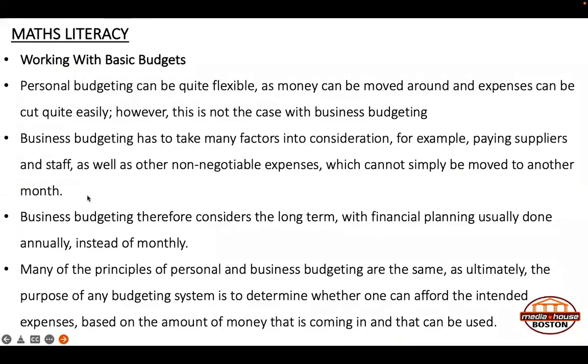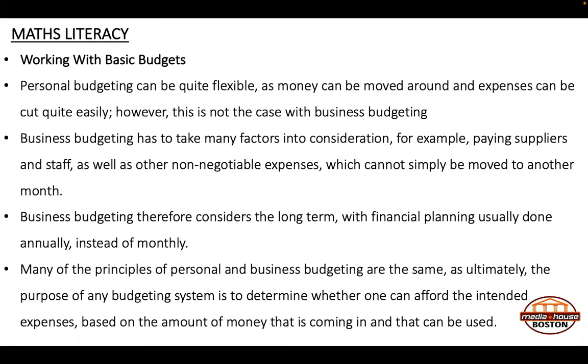Okay, so business budgeting has to take many factors into consideration. For example, paying suppliers and staff, as well as other non-negotiable expenses, which cannot simply be moved to another month. Okay, so we know that during the pandemic, many restaurants closed down because they were not getting enough income to pay the expenses, right?